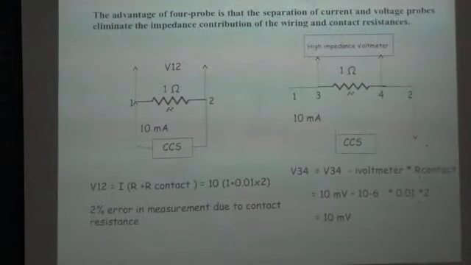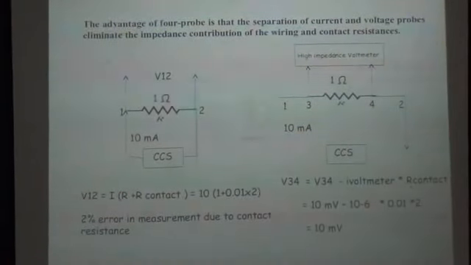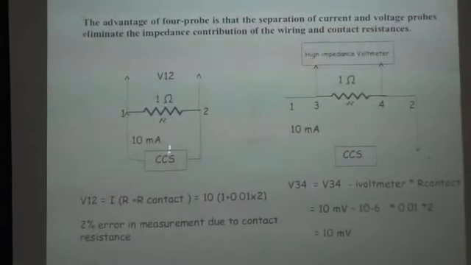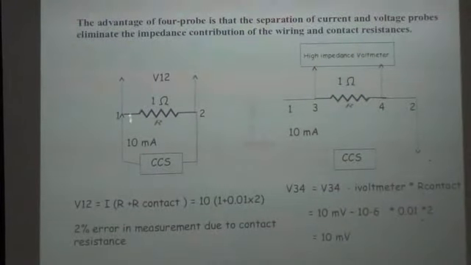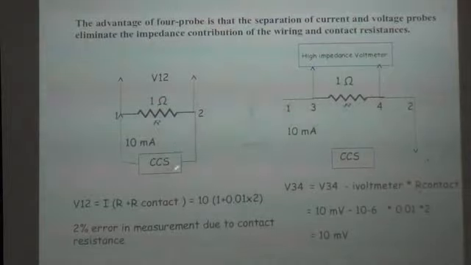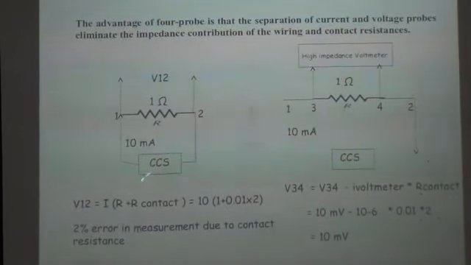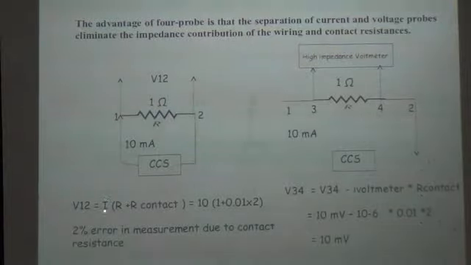But if you want to measure low resistance, then you have to prefer 4-probe. The reason is the following. Suppose we want to measure 1 ohm resistance, we connect a constant current source here and let the current from the constant current source be 10 milliampere. Okay. So the voltage here across 1 and 2 will be I into R.